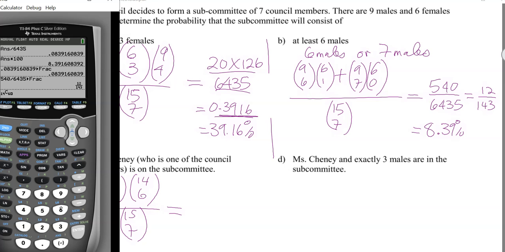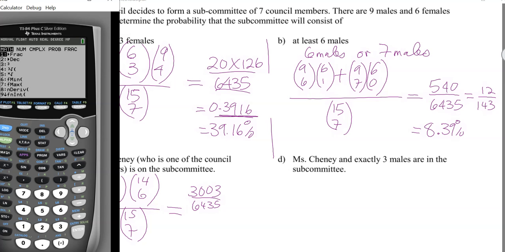So 14, math, over to probability, choose 6. The 1 choose 1 is just 1. Okay, let's get that actual. So 3003 divided by 6435, math, enter, enter. Reduced fraction, 7 out of 15.